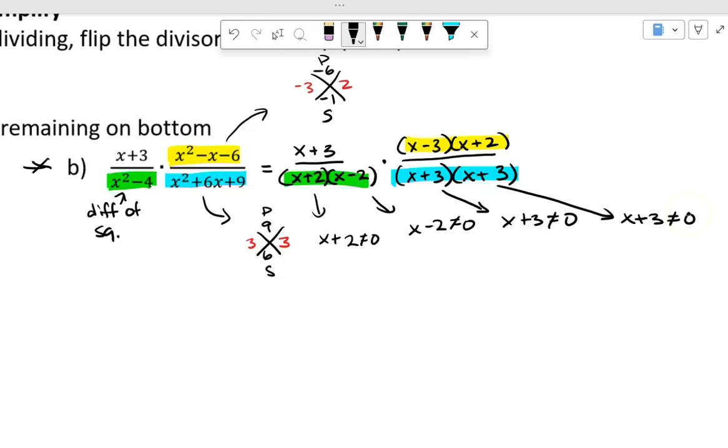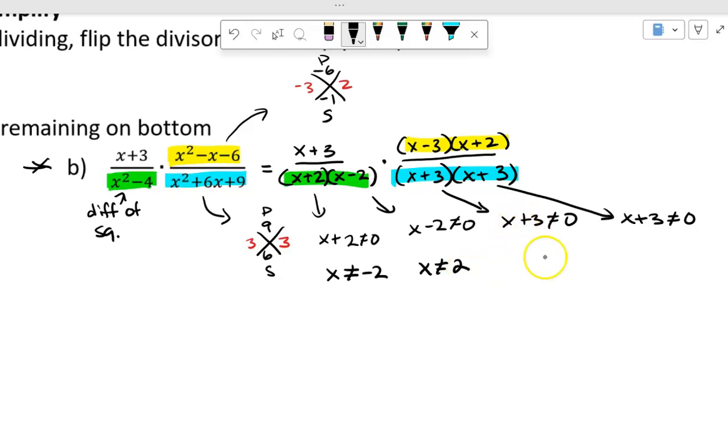I took each factor individually in the denominator now that it's in factored form, and I set it not equal to 0. If I subtract 2 from both sides of this first one, I find that x cannot equal -2. If I add 2 to both sides of the next one, x cannot equal +2.